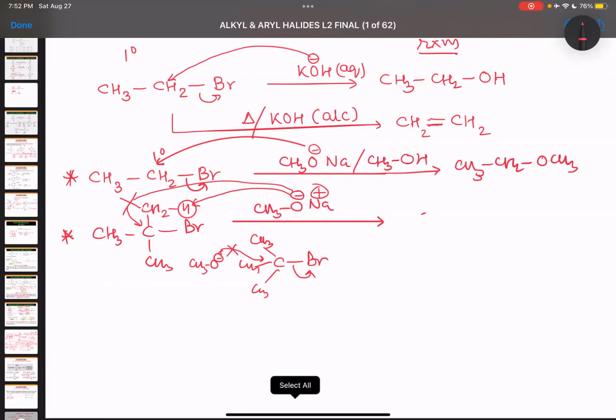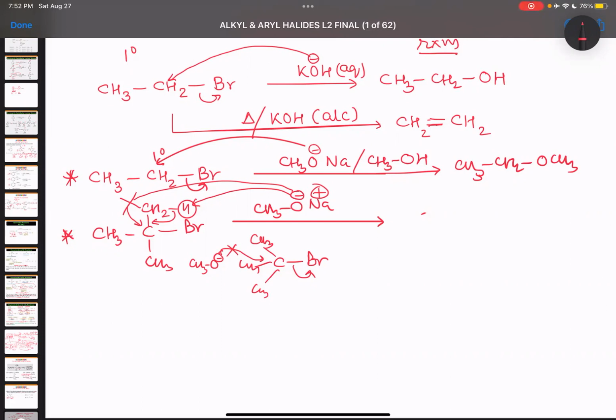The H will be abstracted along with the electrons, and there is no problem in removing H because there are 9 hydrogens and they are outside. You don't even require any heat. Tertiary substrates undergo elimination very easily.